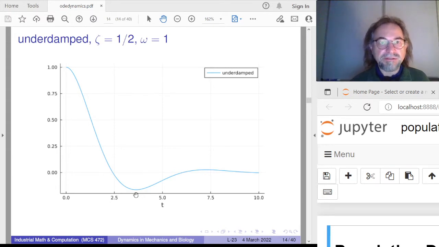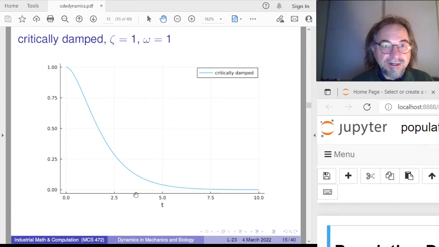So the omega is still taken to be 1. We will see later what the role of the omega is. So what is actually the critical value? This is what we could have considered earlier.